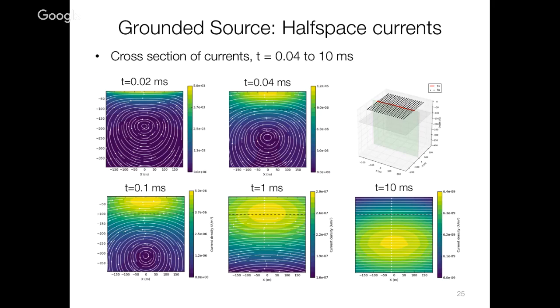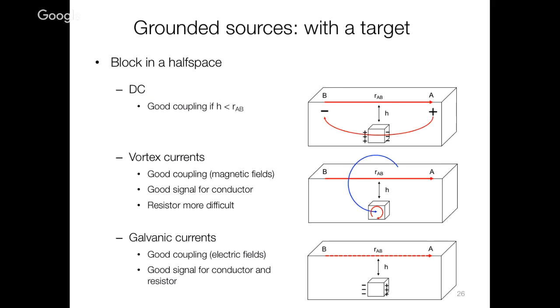At the same time, there was also this galvanic current, the DC resistivity part. If we had a block in half space, the DC resistivity has some good coupling. We go positive to negative, so lots of charges build up. And we also have these vortex currents. Current goes along here, that's magnetic flux, we take it off, and we get currents in here.